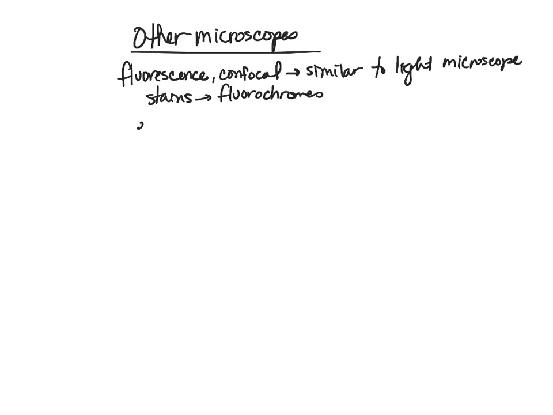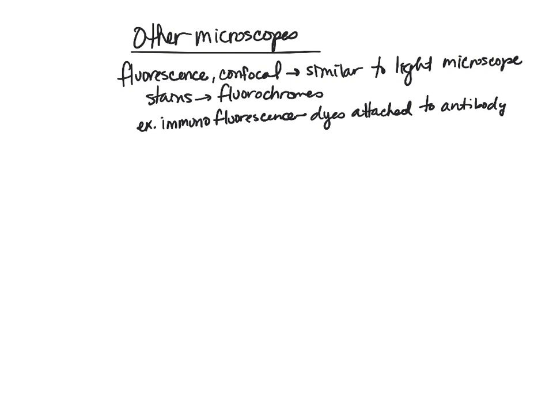So remember when we talked about our examples, immunofluorescence. So we had our dyes attached to the antibodies. And then when our dyes are attached to the antibodies, then they can fluoresce.